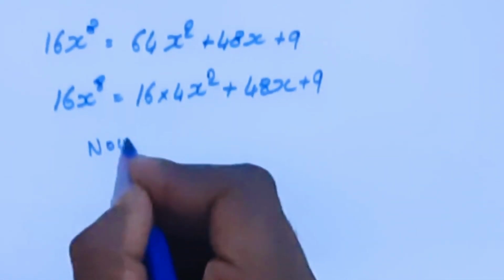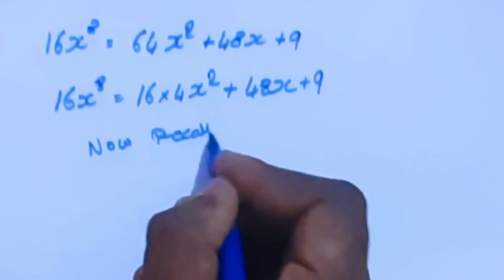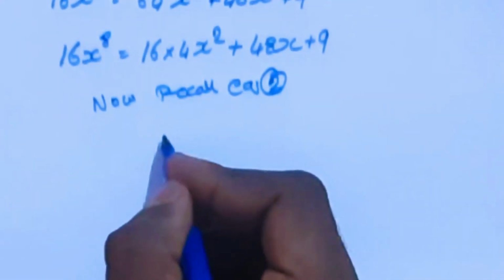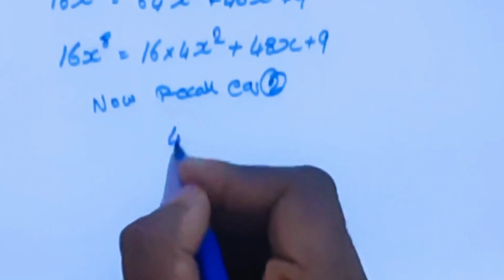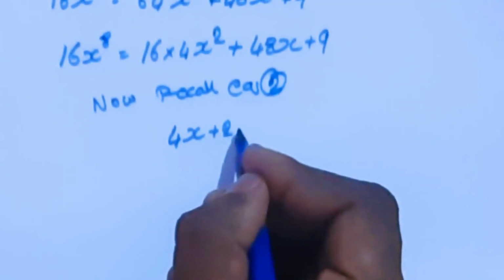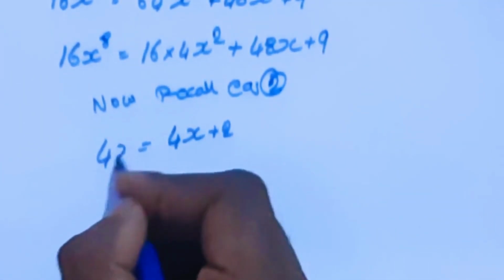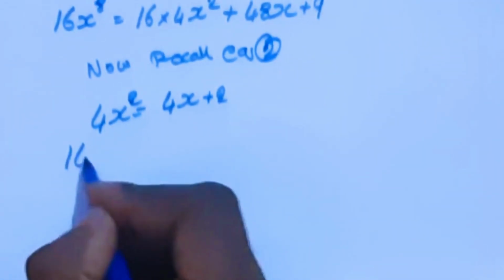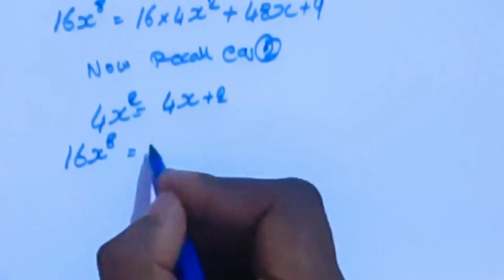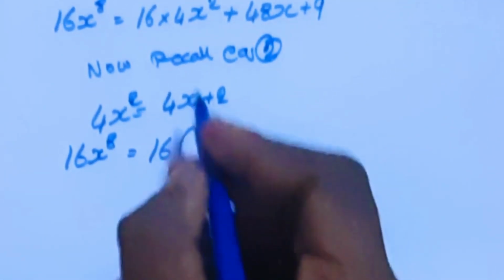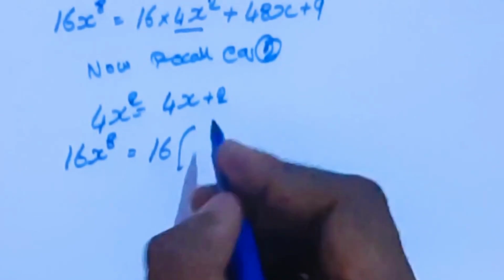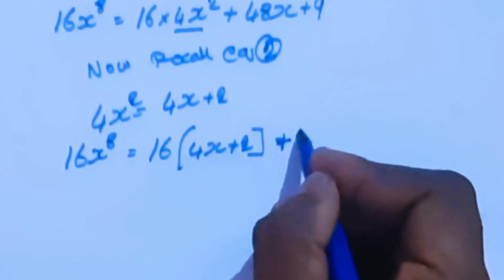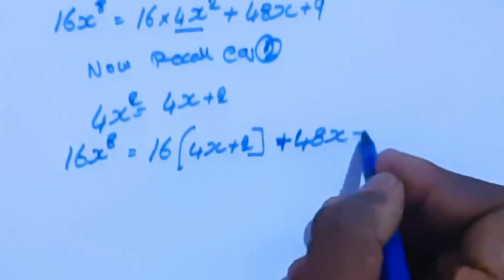Now recall equation 2. The equation 2 here is 4x plus 2, which is 4x square. Now 16x to the power of 8 equal to 16 times of, we are going to apply this equation 2 here. So 4x plus 2 plus 48x plus 9.